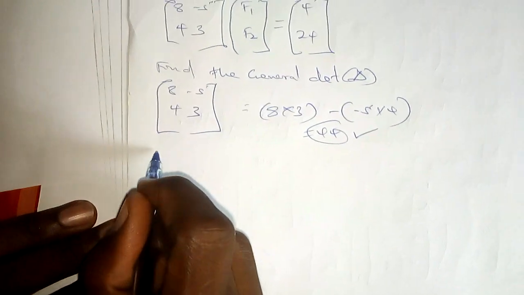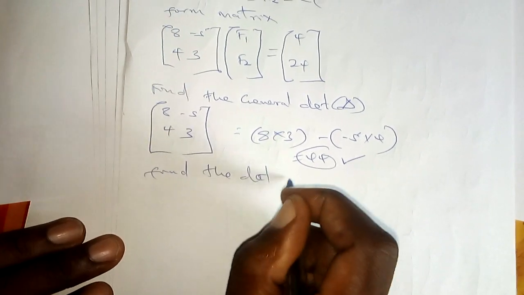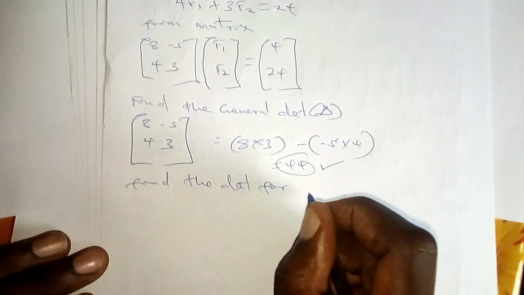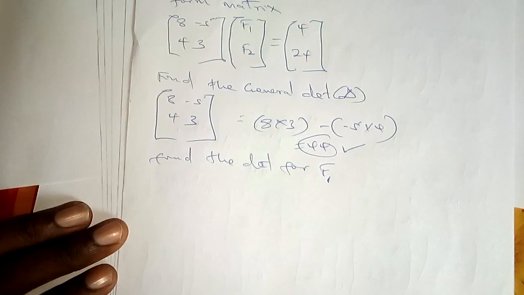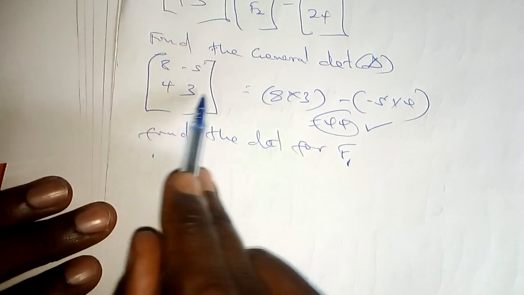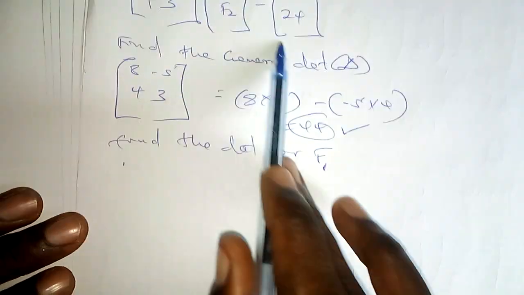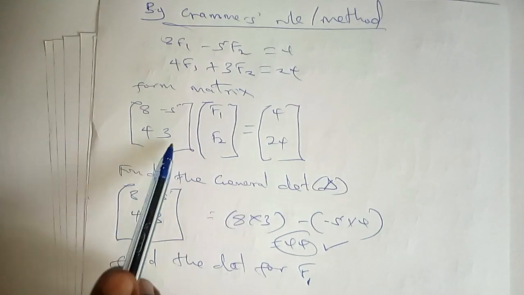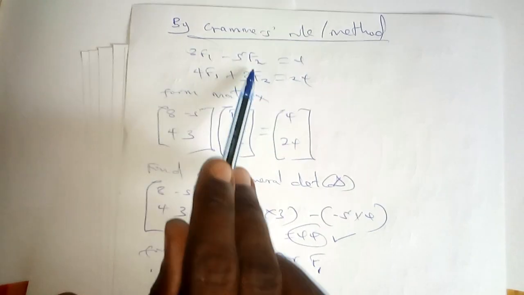After this, we find the determinant for the unknowns f1 and f2. First, the determinant for f1. We take the right hand side and substitute it for the first column of the formed matrix, because the first column is for f1 and the second column is for f2.